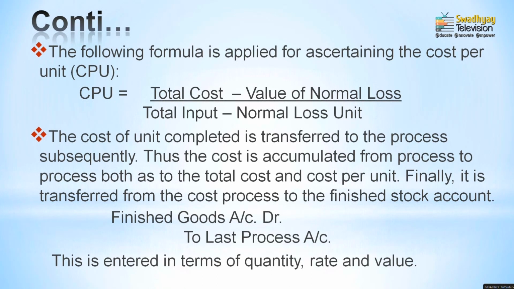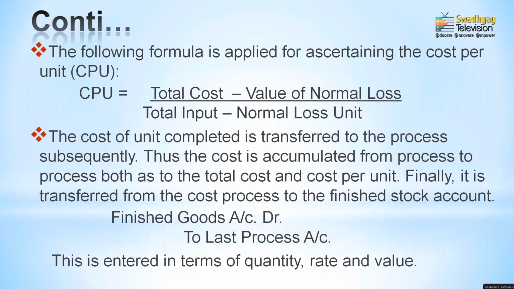See, the formula is very clear: the total cost minus the value of normal loss. How can you identify the value of normal loss? The value of normal loss can be identified through the normal wastage units multiplied by the selling value or sales price of the normal wastage. This value of normal loss would be deducted from the total cost, divided by the total input.